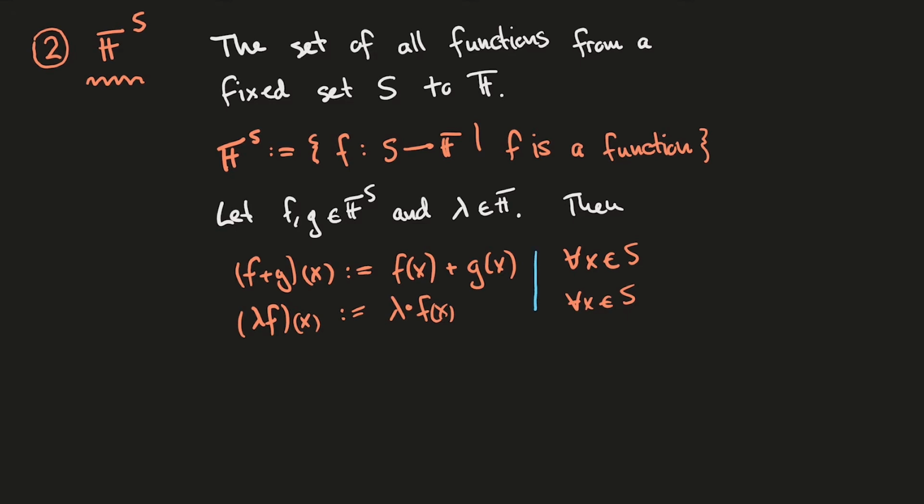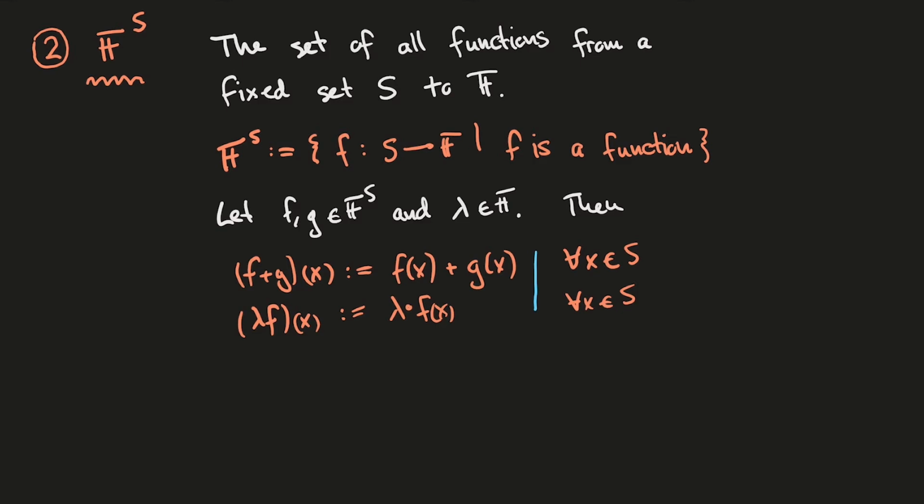I'd like to stress that this side of the definition only makes sense because F is a field. If F were some arbitrary abstract set, we wouldn't have an addition and a multiplication in F, so we wouldn't be able to make these definitions. So in general, we're not able to add or scalar multiply functions, but because F has this additional structure, we can exploit this in order to define new functions based on these operations.